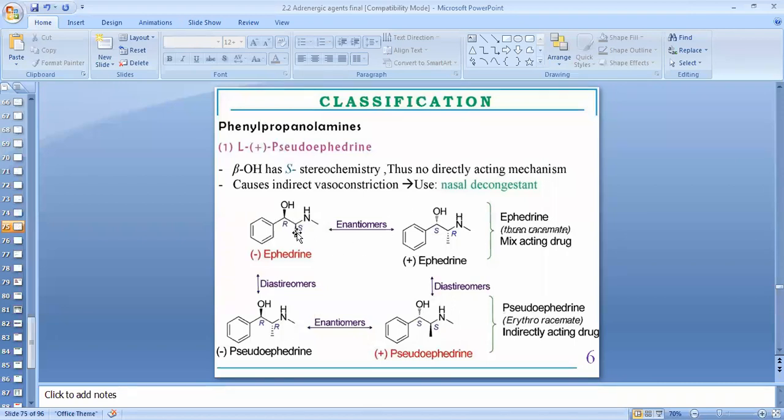We have seen that the drug molecule ephedrine has a hydroxyl group in the R position, but if we have the hydroxyl group in the S position, it acts by indirect vasoconstriction and nasal decongestion. The same is the example with R pseudoephedrine and S pseudoephedrine.